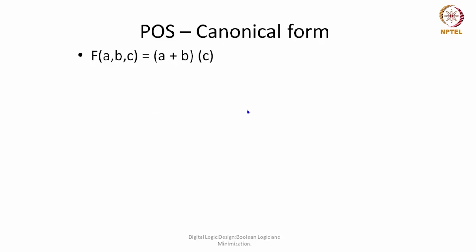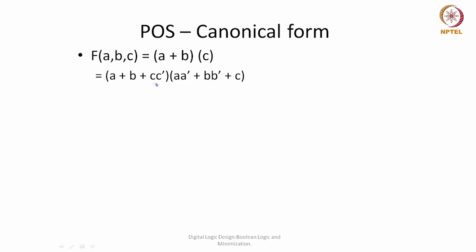I am taking a very similar example. Let's say a function ABC is represented in the form of a product of sum, where a plus b is one sum term and c is another sum term. If I want to create a canonical form, then first of all there should be all the variables present in each of the sum terms.